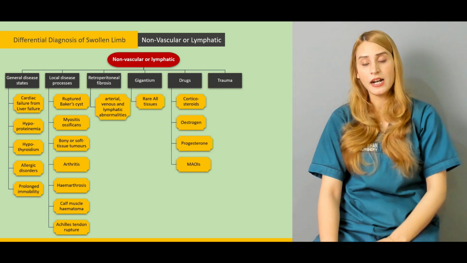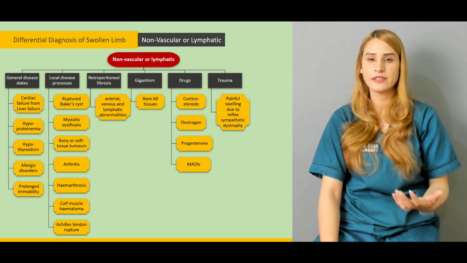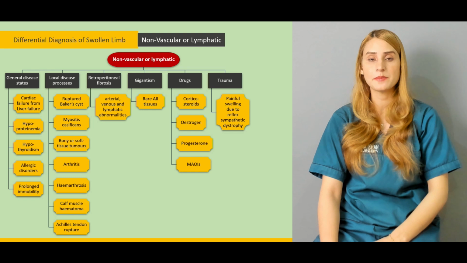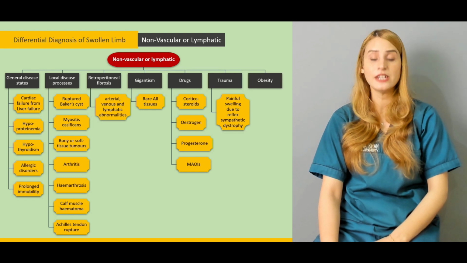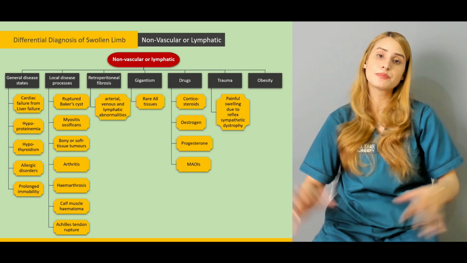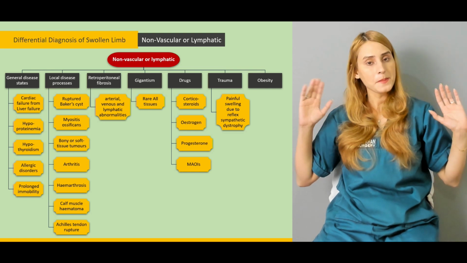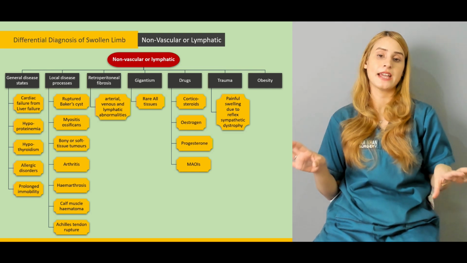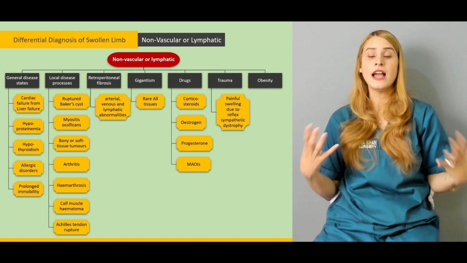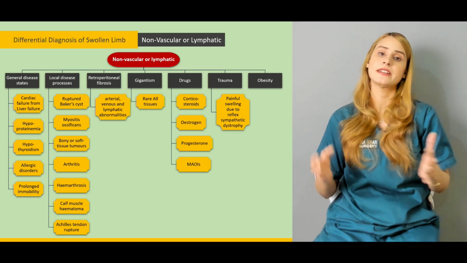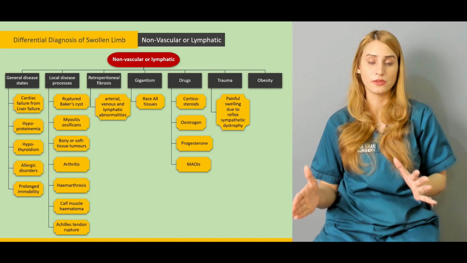There can be trauma, which is a painful swelling due to reflex sympathetic dystrophy, or there can be obesity. So broadly, if we talk about the differential diagnosis that should come into your mind, in the non-vascular lymphatic group there are the general causes and the localized causes.